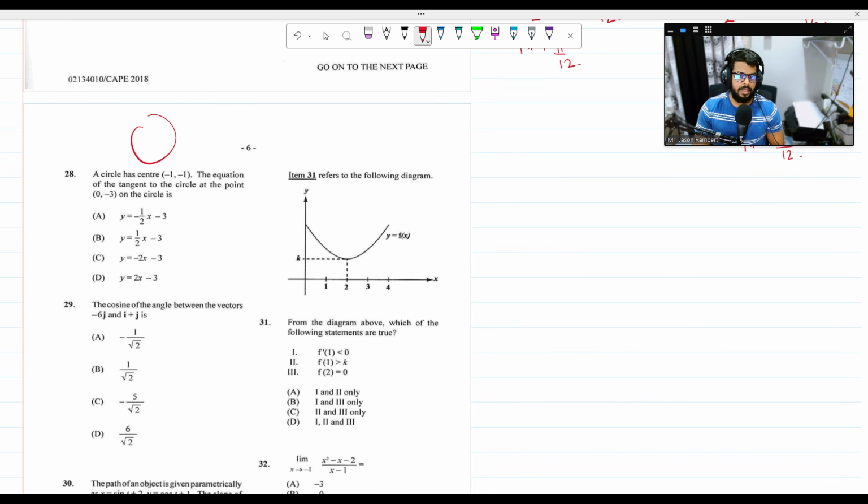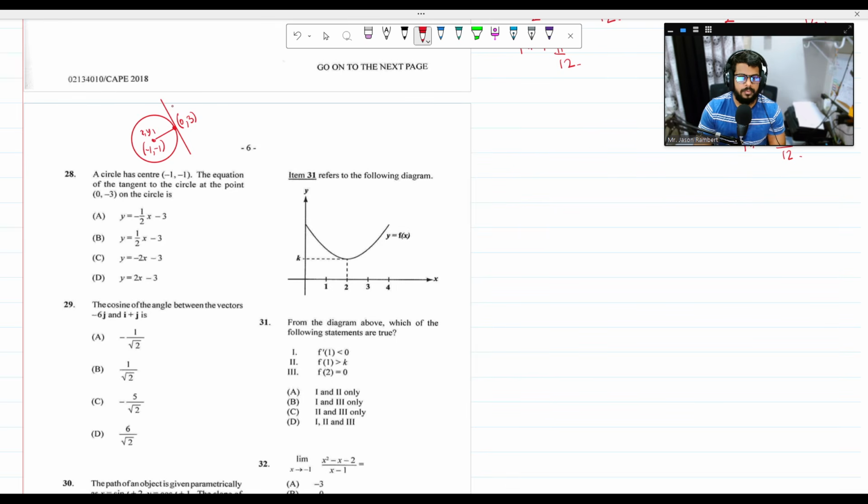Something that will help me here, just like in my paper 2, is my diagram. The center is (-1, -1). The equation of the tangent to the circle at the point (0, 3), the one here. I have to get the gradient of the radius, flip it and change the sign to get the gradient of the tangent.